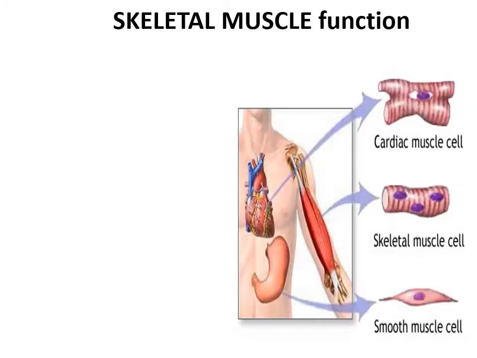Okay, so let's look at skeletal muscle function. Okay, so there's hundreds of skeletal muscles in the body that their main function is to move the skeleton, right? To provide for movement. And through muscles, it also allows for posture.